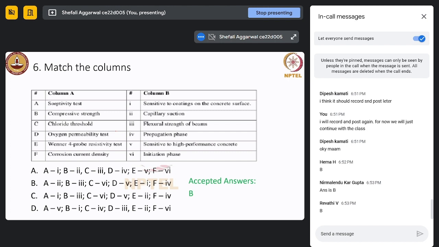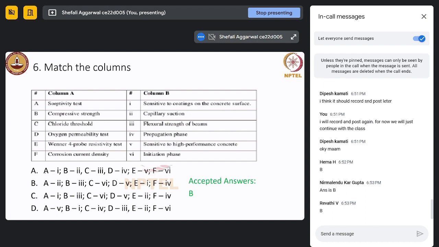How is it related to compressive strength? It should be minimum 10% of the compressive strength of the concrete. So that is the main relation between compressive and flexure strength of the concrete.